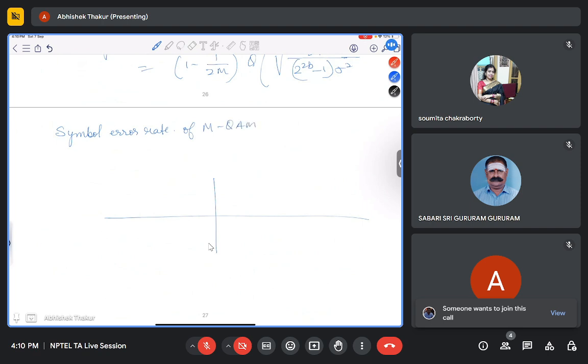Now this was the PAM, so what will be the QAM here? QAM will be just like how it was the QPSK, but it will be an extension of PAM. It will be extended in all directions, so dot dot dot dot.